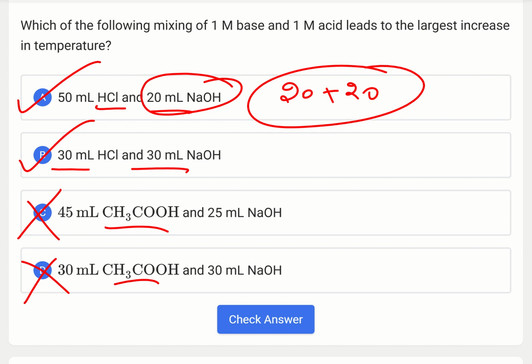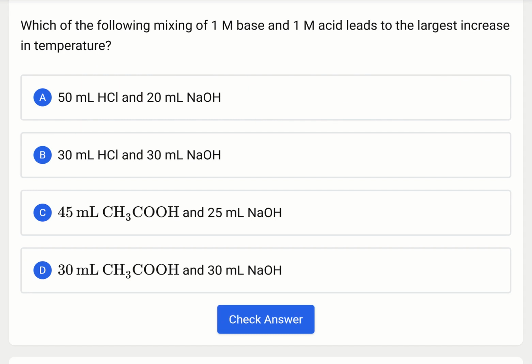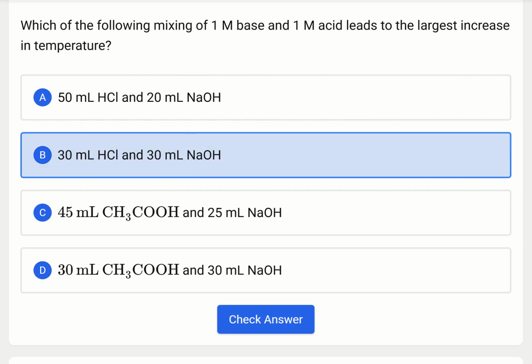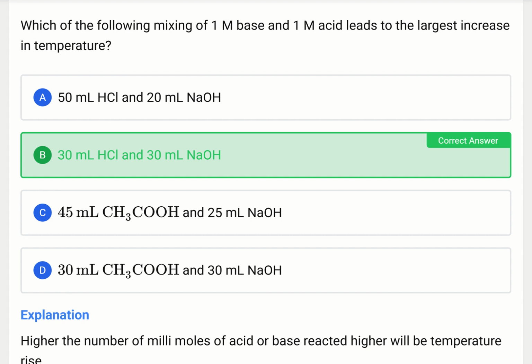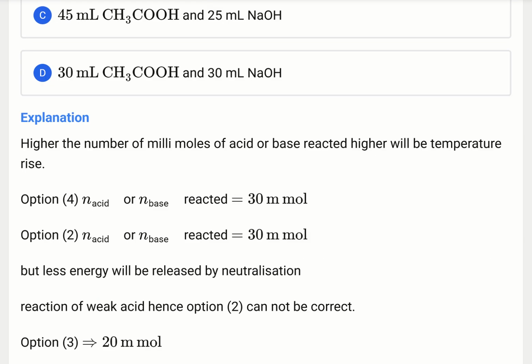Here I have got 30 and 30. The second concept is, the more millimoles of strong acid and strong base react, the larger the increase in temperature. So I will go with option B. A is also eliminated. We got the right answer.